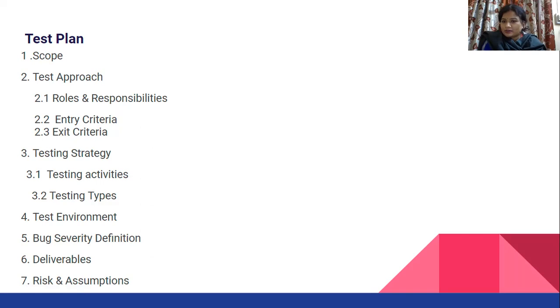That is, the features or the module should be ready, and even if the features are not ready, the design should be ready, and the QA should have a proper understanding of the requirement specifications. The testing team must be aware of the requirement specifications of the software, and this comes under the entry criteria.